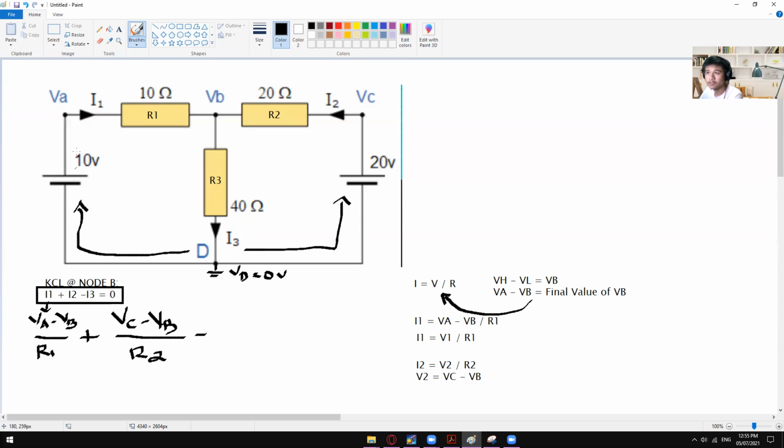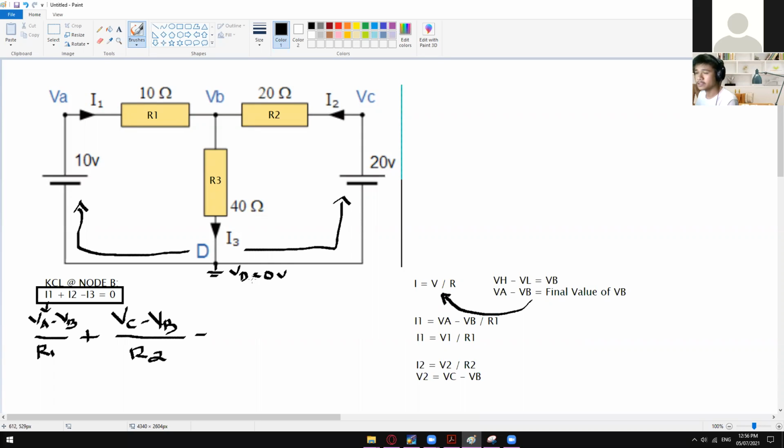If we have 10 volts right here, some of it will go here, and then go here. But after passing them and going back to the negative source, it's already equal to 0. So if you want to get the 10 volts, you have to get the value of this one, this one, and then this one. But there is never a value at this node or at this point already. So VD is already equal to 0.